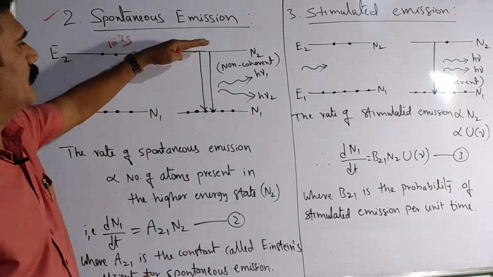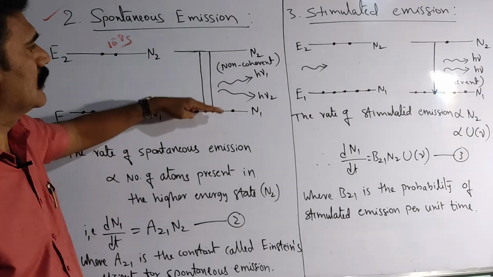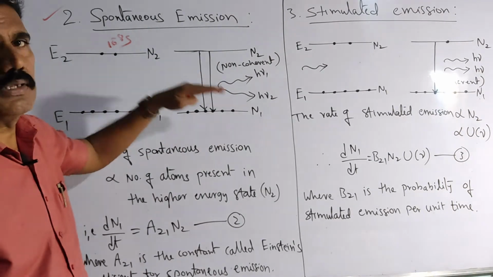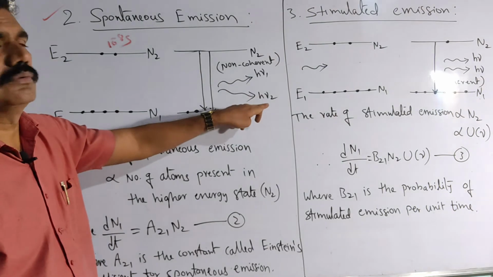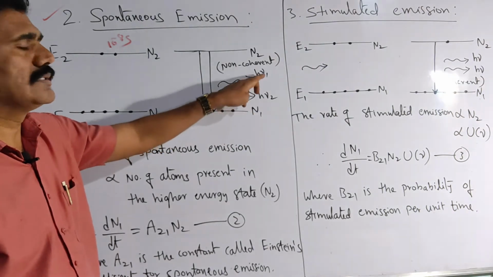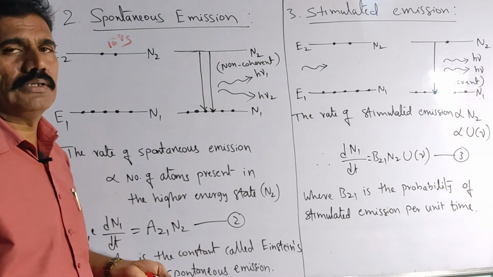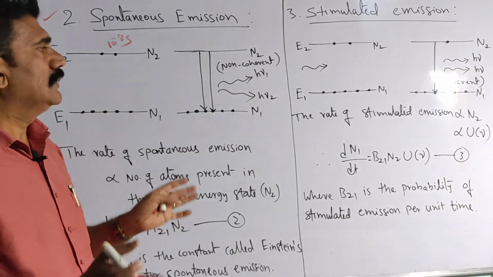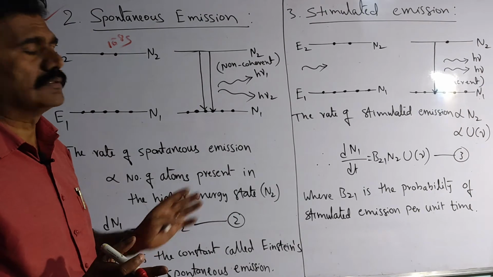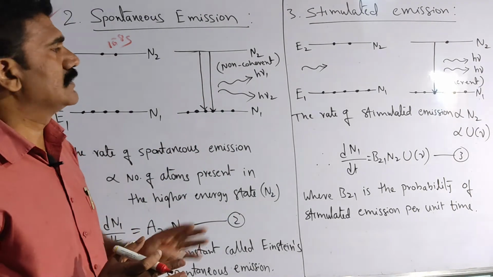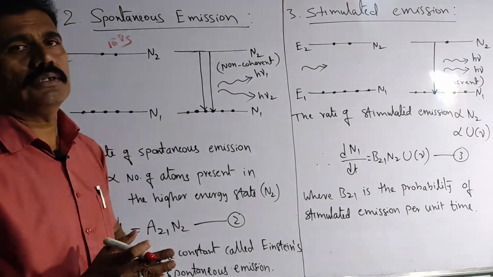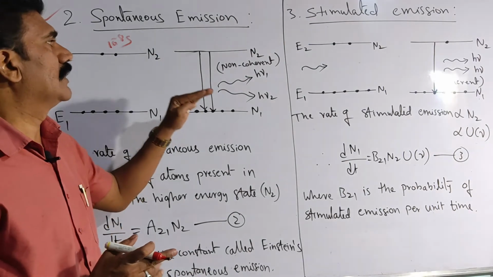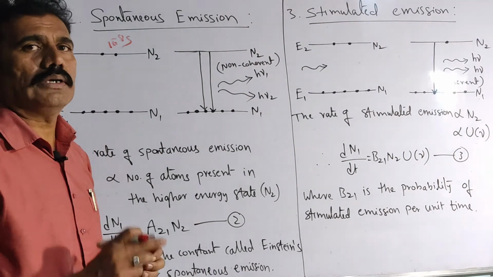Depending upon the energy level difference, the emitted photons may have energy h nu 1 and h nu 2. Of course the energy is different and maybe the frequency is also different. They may travel in different directions also, and hence we cannot consider such photons as coherent. They are considered a non-coherent beam, or the light emitted by that process is called non-coherent light.